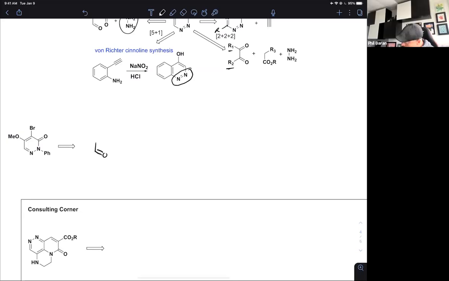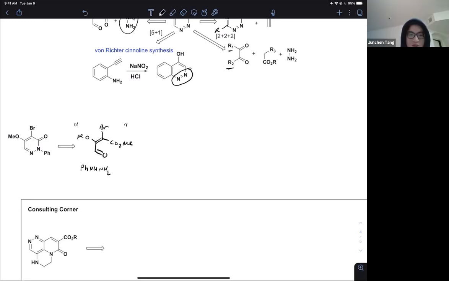What you're going to be thinking about is something like this, right? If you could make this, something like that would give you, when you treat it with phenylhydrazine, would give you the product, right? Yeah, but it's maybe too complicated. So we need a functional equivalent of that.